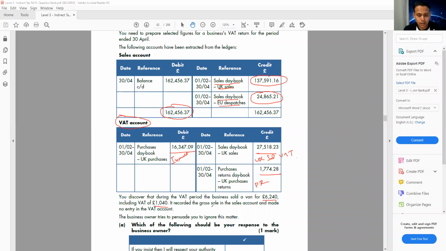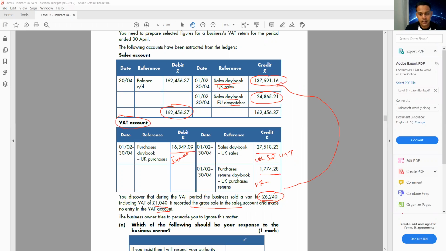It recorded the gross sale in the sales account. So that means 6240 is inside the UK sales table, and inside the 6240 there is VAT of 1040. It recorded the gross sale in the sales account and made no entry for the VAT account.